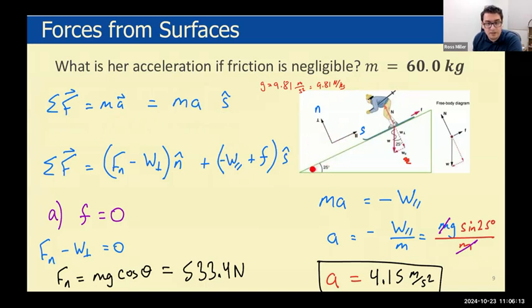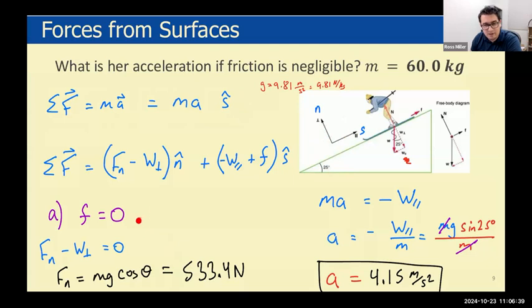If I pick regular x, y, I gotta break up things into more trig functions. So your acceleration will have 2 components, or you can say it has 1 component, and my net forces have 2 components. So you gotta break down things into components. This coordinate system uses the least number of trig functions.